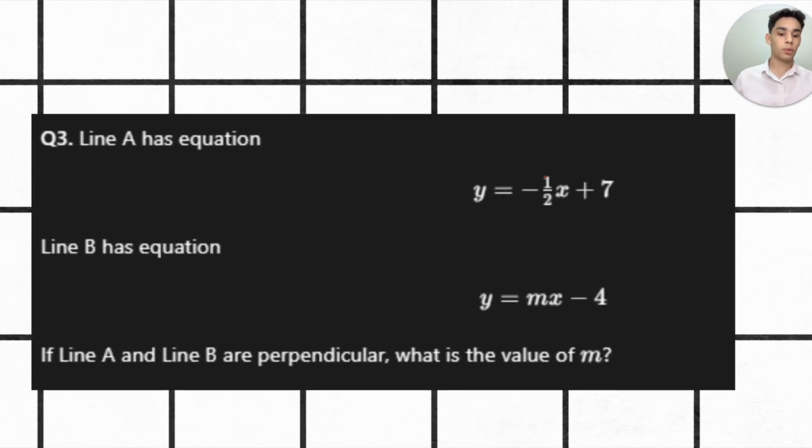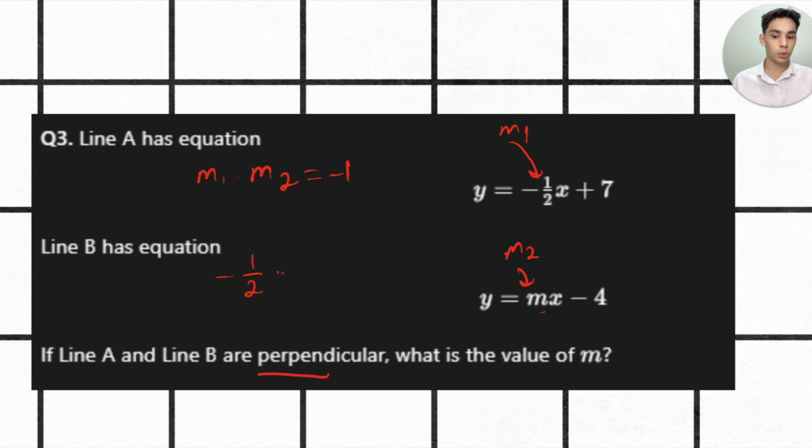So, we have two lines. We are told that line A and line B are perpendicular. What is the value of m? Again, slope 1 multiplied by slope 2 equals negative 1. This is our slope 1, and this is our slope 2. So negative 1 over 2 multiplied by m should give us negative 1. So m will just equal negative 1 divided by negative 1 over 2.